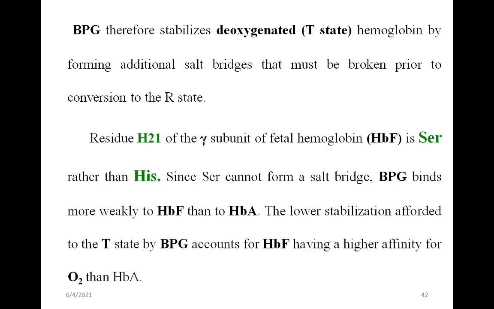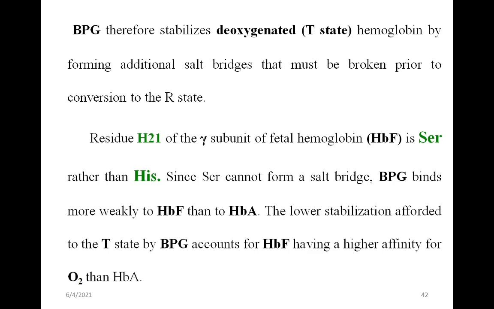the R state. Residue H21 is the histidine usually in the beta polypeptide chain, but residue H21 of the gamma polypeptide chain is present in fetal hemoglobin, which is alpha 2 gamma 2, as I have already mentioned.